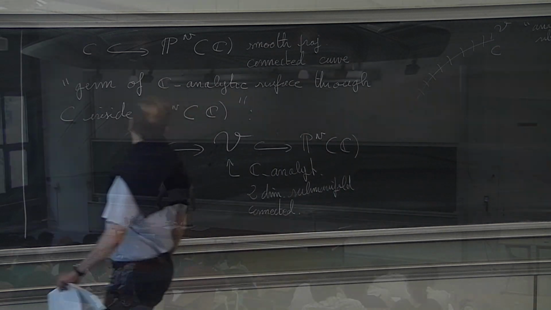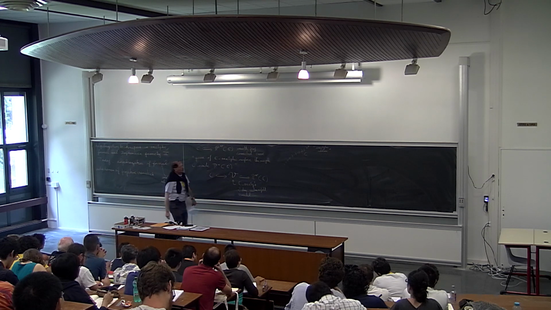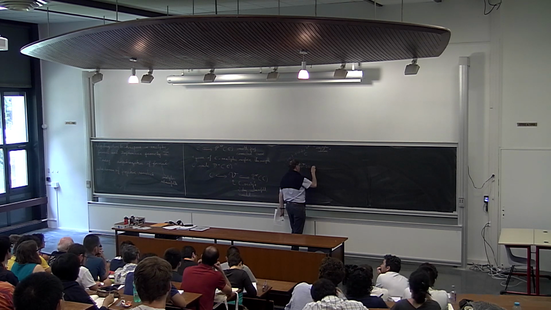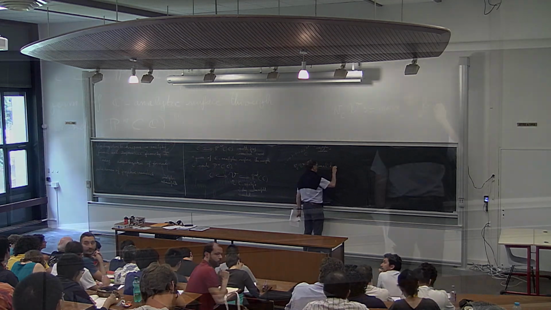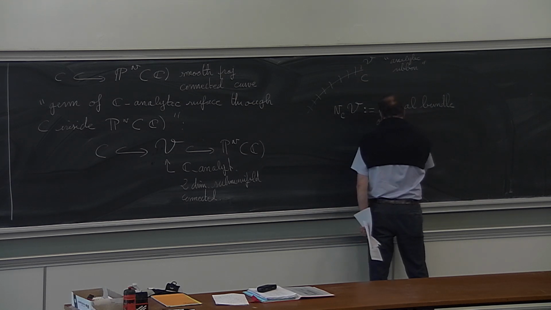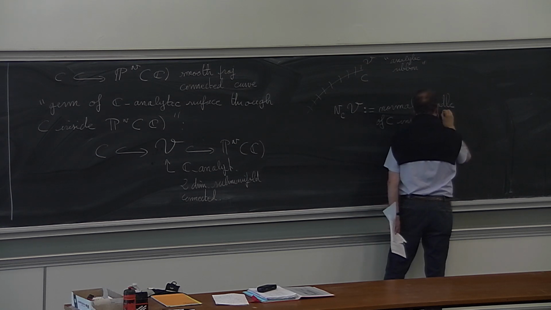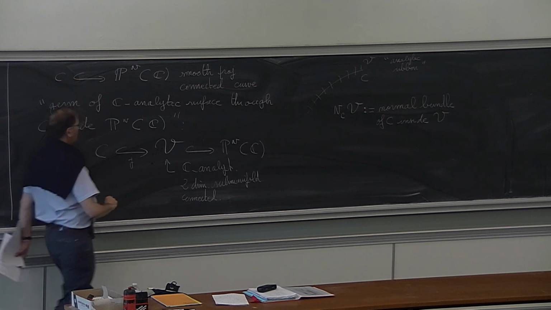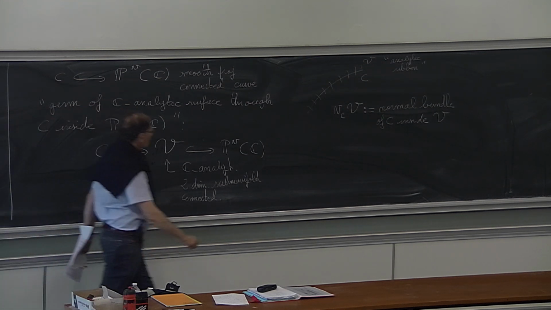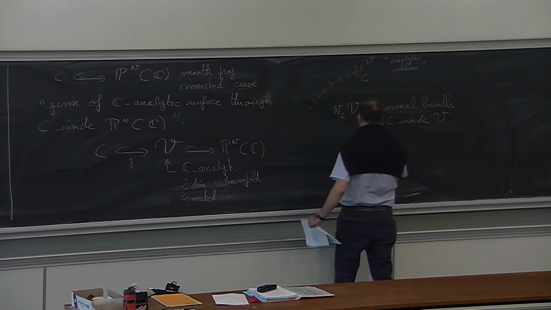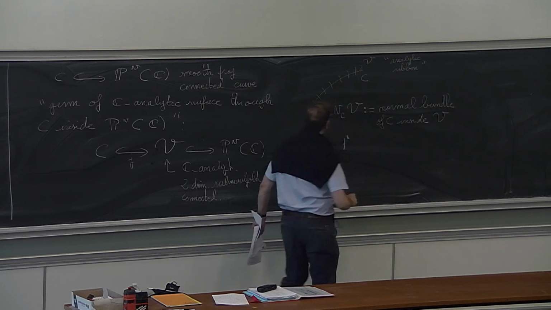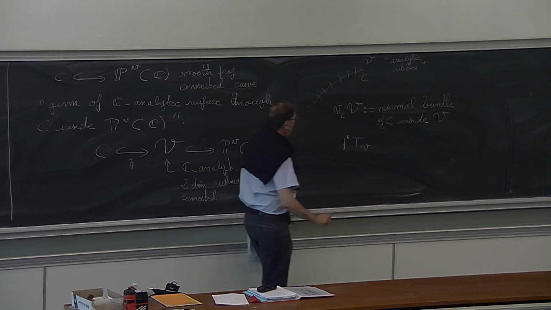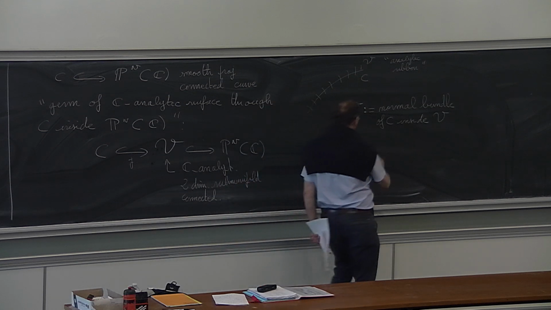Okay, so in this situation, you may consider the normal bundle of C inside V. It's a line bundle you get by giving a name to the inclusion morphism from C to V, let's call it J. You may restrict the analytic tangent bundle of V to C. Inside this tangent bundle, you have the tangent bundle of C, and you take the quotient.